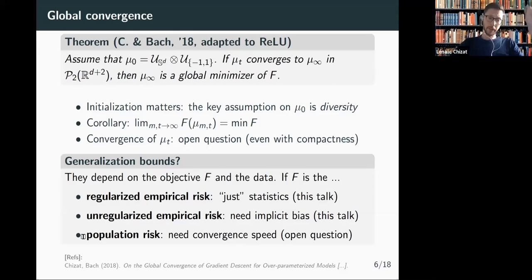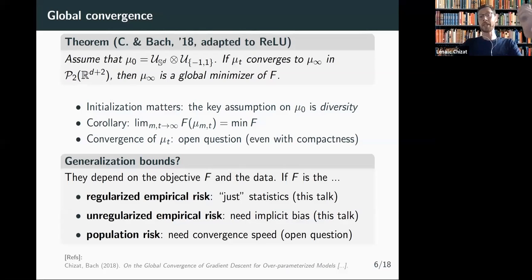And then there is a third situation, which I will just mention, which is when we take as our objective f the population risk, which means the expectation of the loss on the whole data distribution. Then, when we have n samples, we only have access to n independent unbiased gradient estimations of this population risk.